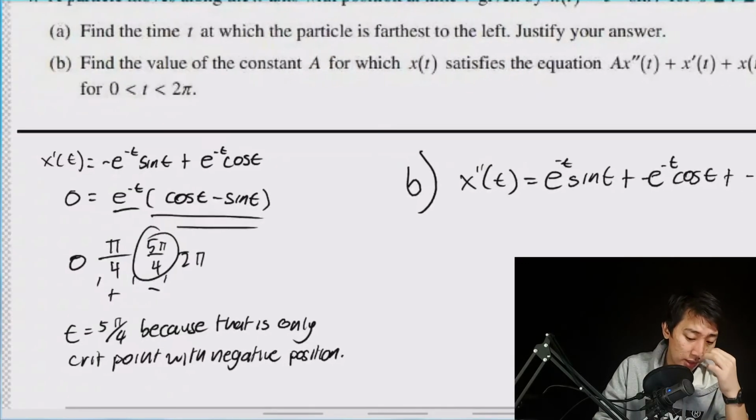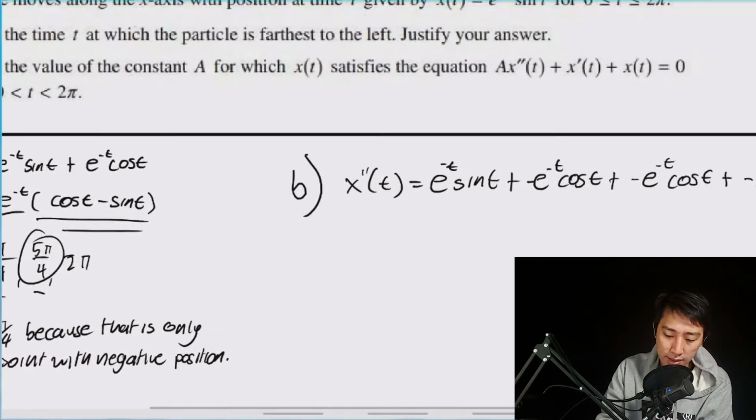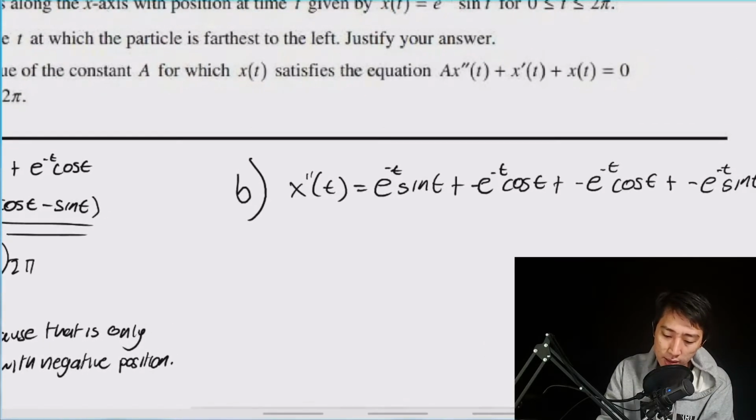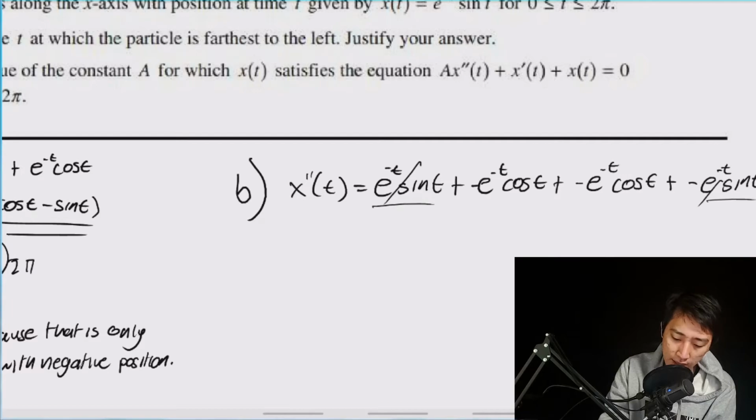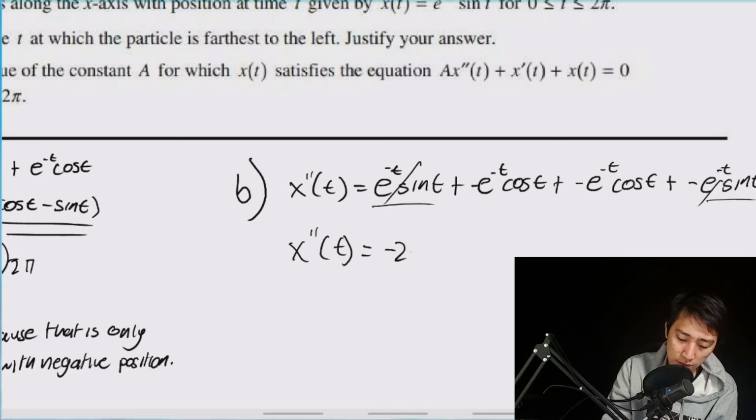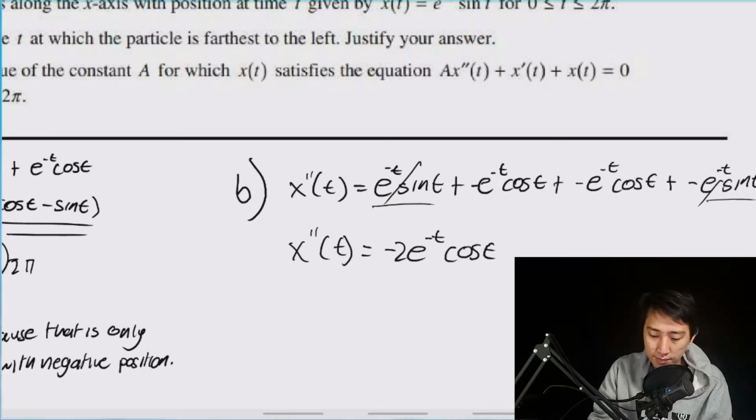So again, we're just using product rule on the e and sine, e and cosine. And then from here, positive e, negative e, these cancel out, and negative negative, so x double prime of t is equal to negative 2 e to the negative t cosine of t.